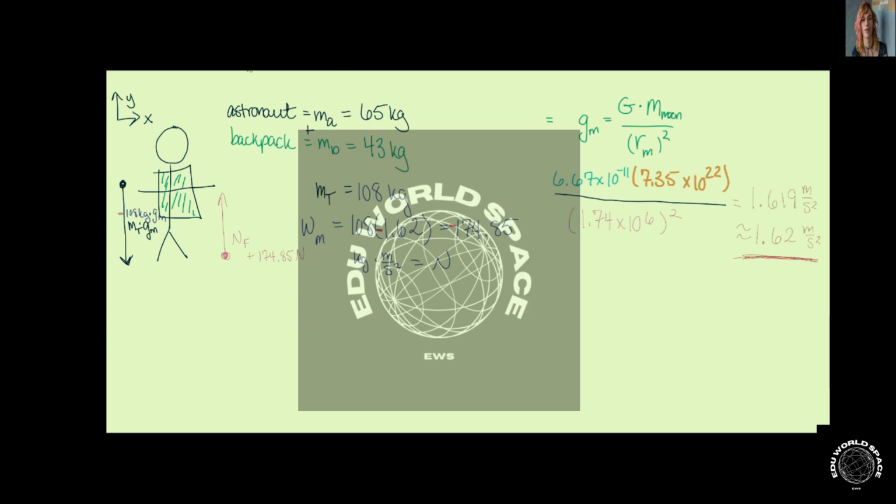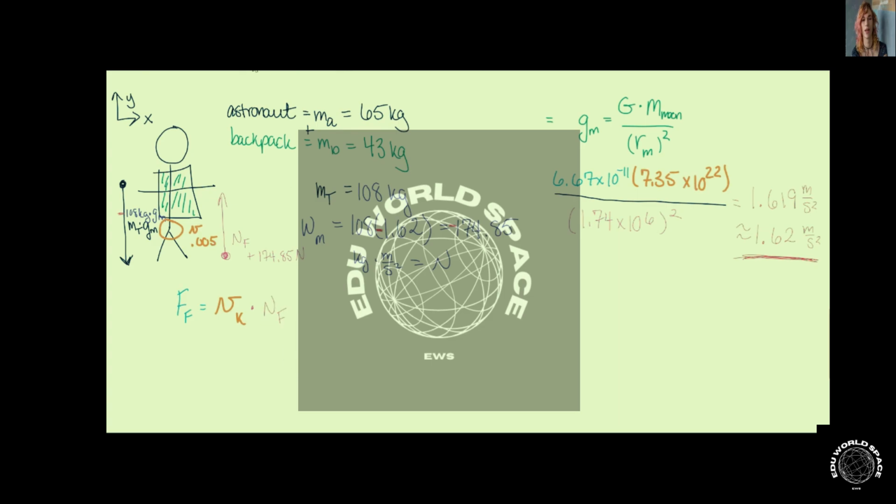This is important because if we want to know the force of friction at the hip joint, mu, our coefficient, let's say it's 0.005, has to multiply with our normal force. So our force of friction is going to equal mu kinetic times our normal force, times NF.